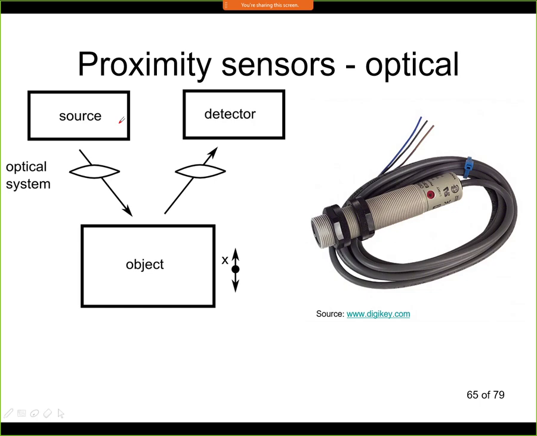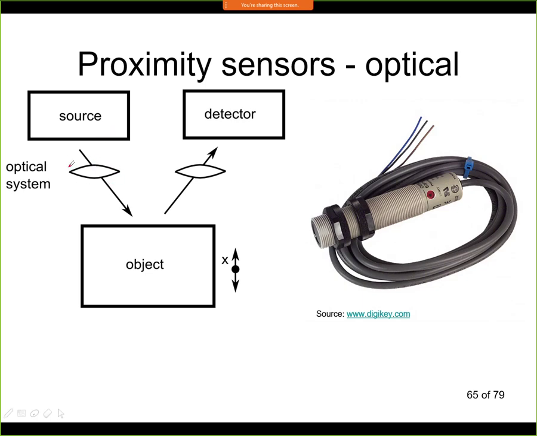So we cannot see it with our own eyes, but for example, if you look with a cell phone on it, you will be able to see the infrared radiation. So it's the same wavelength as you know from infrared remote control for TV, for example. So this source is an LED that operates in the near infrared range.